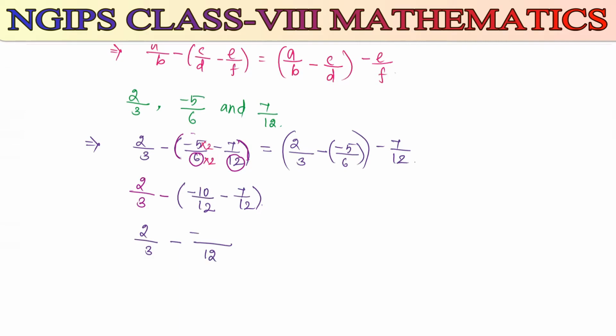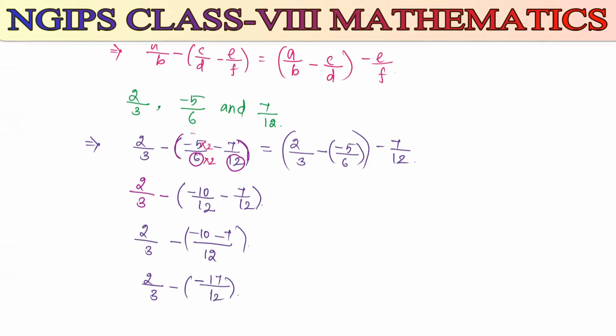Here we'll get minus 10 minus 7. Now further if you simplify this, 2 by 3 minus of minus, it will come minus 10 plus 7, it is 17 divided by 12.